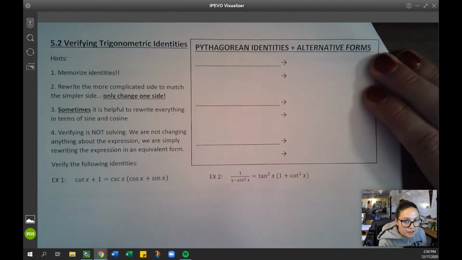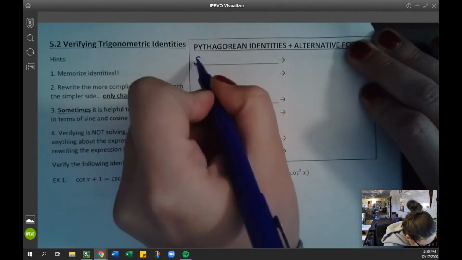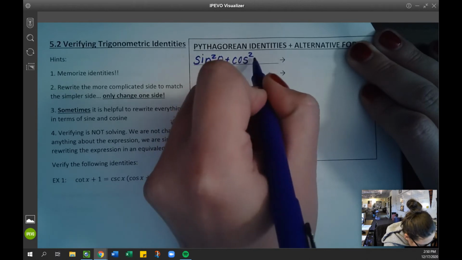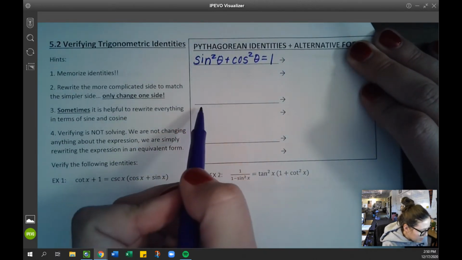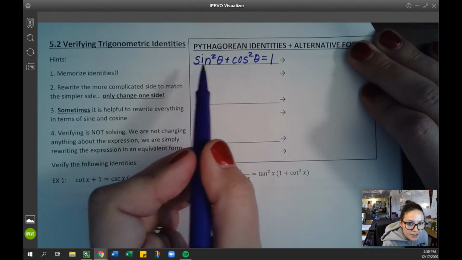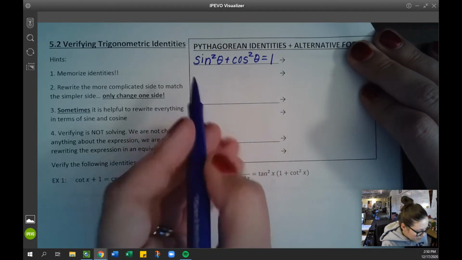We did talk about this a little bit when we did the lesson 1 notes, but let's just write down the originals. All right, this next one, let's see if we can figure it out. If I divide everything by sine, sine divided by sine is 1.